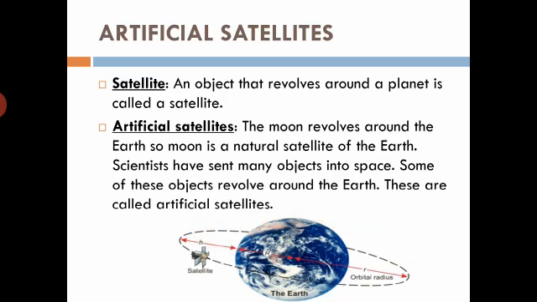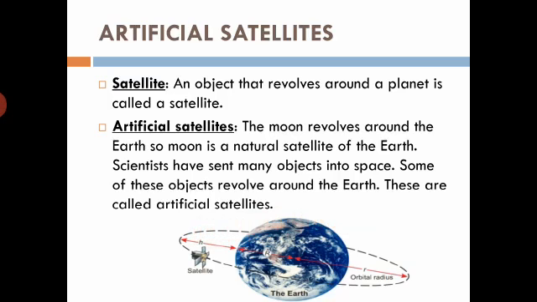It means R is the radius of the Earth, the distance from the center of Earth to the surface of the Earth, and small h is the distance from the surface of Earth to the satellite orbit. So the orbital radius is capital R plus h. It means the radius of the Earth and the altitude above the Earth. This shows the orbital radius.